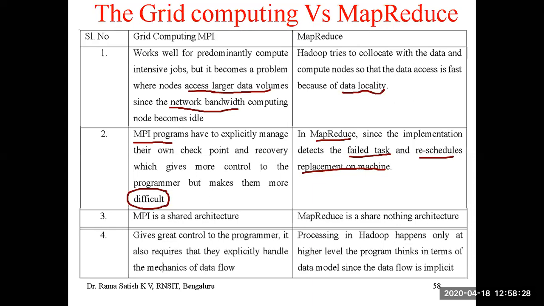But that is not so easy. When it comes to Hadoop or the MapReduce ecosystem, the higher level program thinks in terms of the data model, since the data flow is taken care of implicitly by the architecture itself.